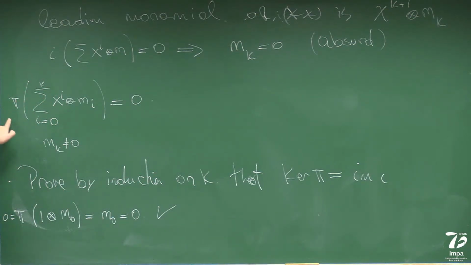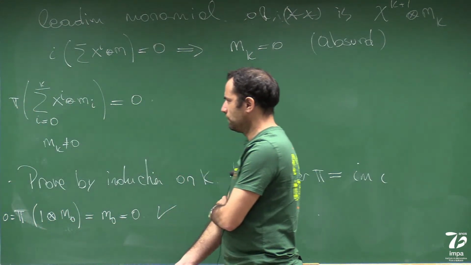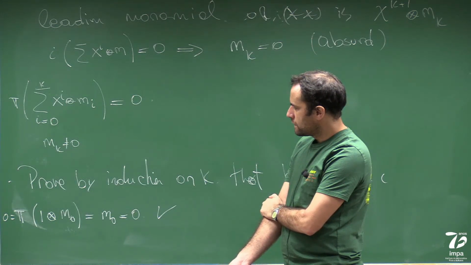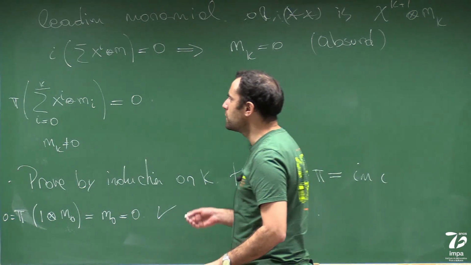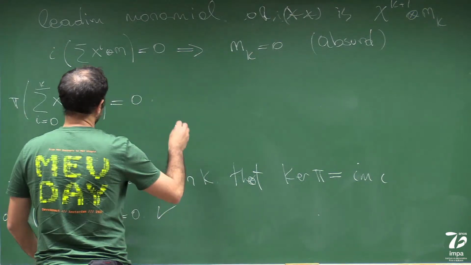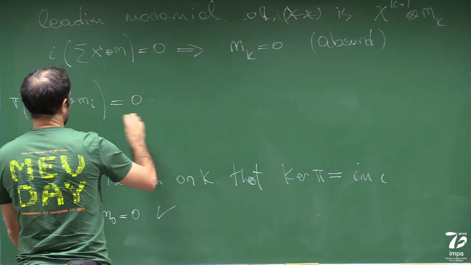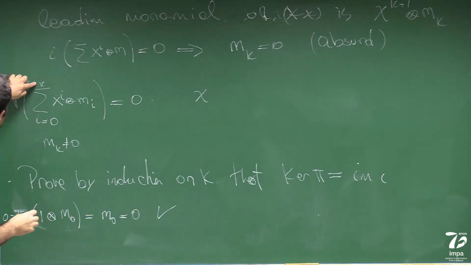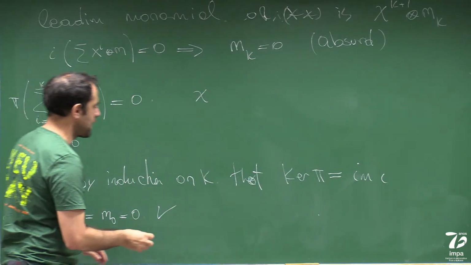So let's assume that we know it for up to k minus 1, and let's prove it for k. So let's take something in the kernel like this. So what we can do is the following. We can grab this here, but now I'm assuming that k is bigger than 0. So suppose that k is bigger than 0.